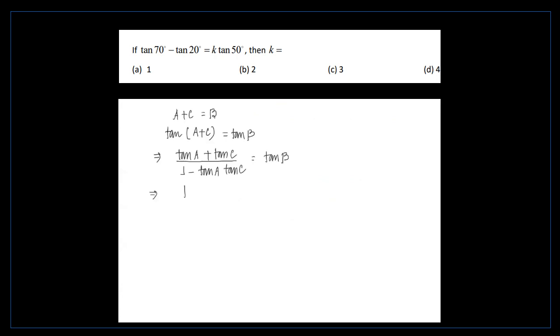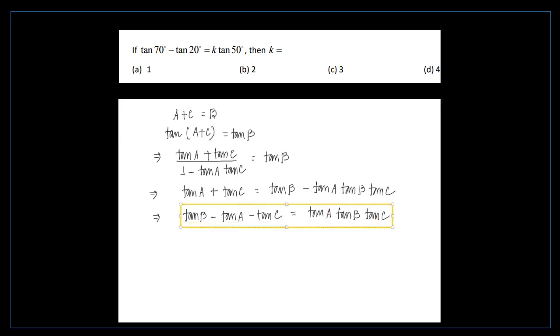If we cross multiply, it is tan A plus tan C equal to tan B minus tan A tan B tan C. So from this we can write that tan B minus tan A minus tan C equal to tan A tan B tan C. So that is the shortcut which we have used.